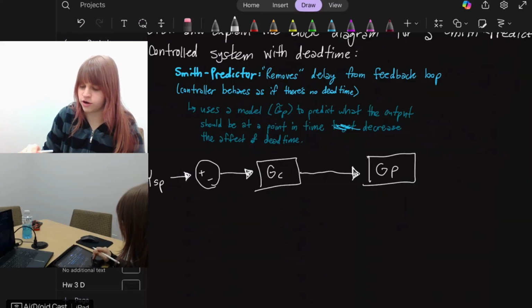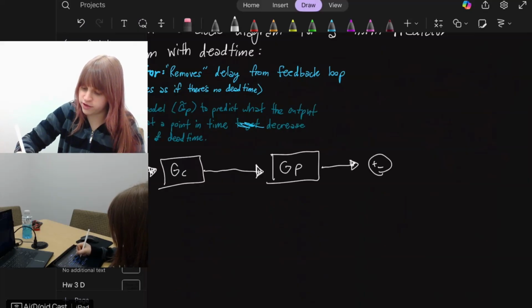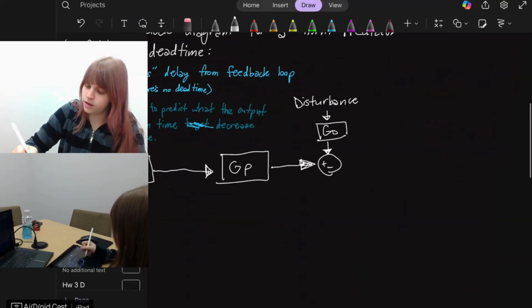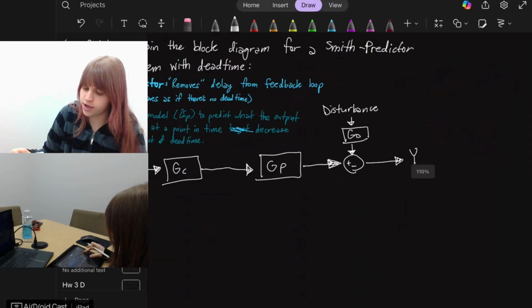GC is for our controller. GP will also go into a comparator, and what we will have is some disturbance. We'll call that GD, and we will be output with our Y.